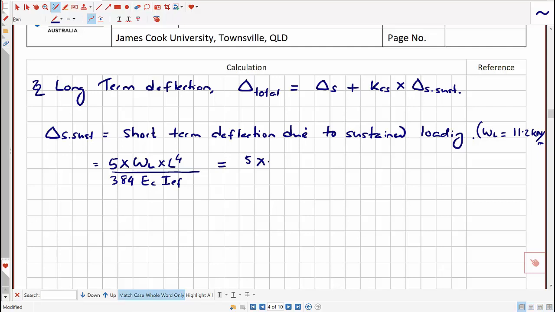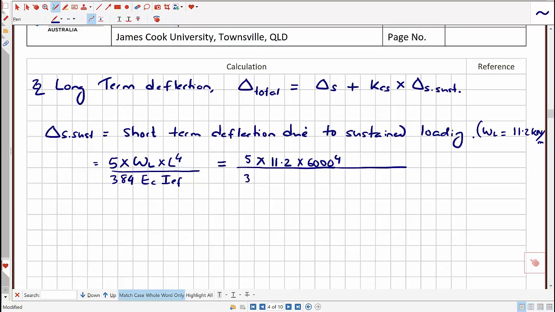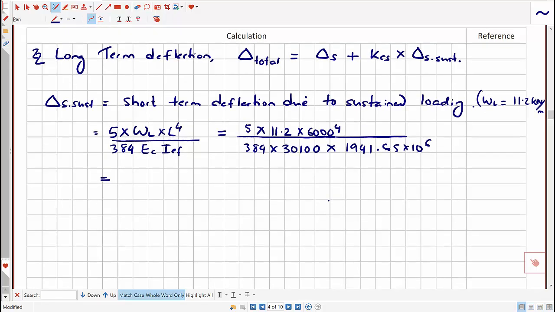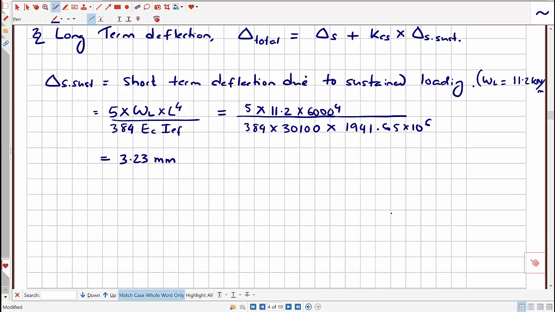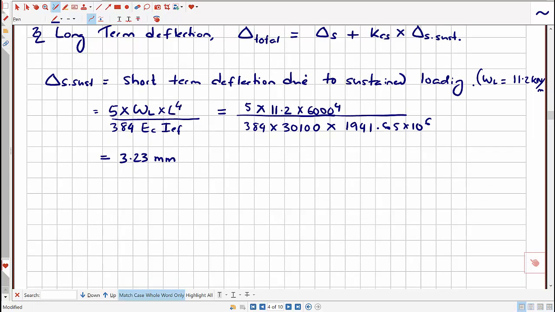Rest everything is still the same. So delta S sustained comes out to be 3.23 millimeter, the short-term deflection due to the sustained or long-term loading.